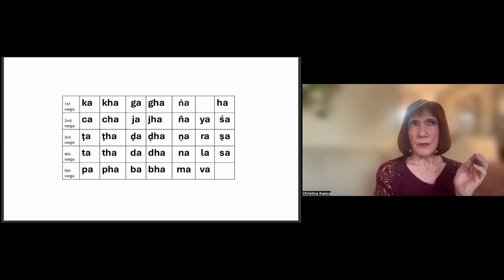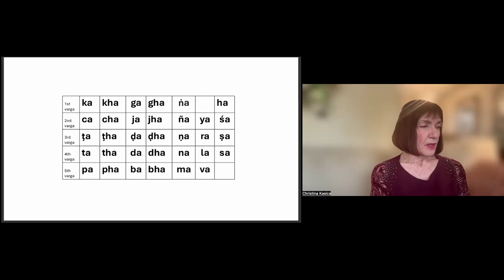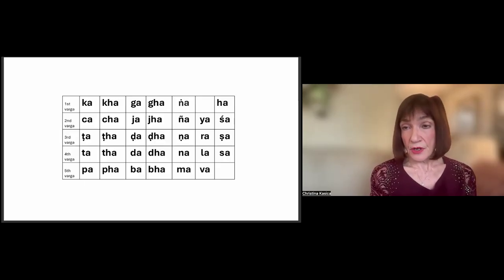I don't even think it would be possible. So the h is guttural and the sibilants are in the middle there. So ya is palatal, ra is cerebral, la is dental, and va is labial. You don't really put your lips together, but you sort of bite your lip when you say va.